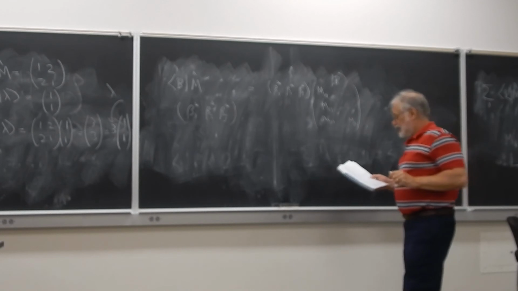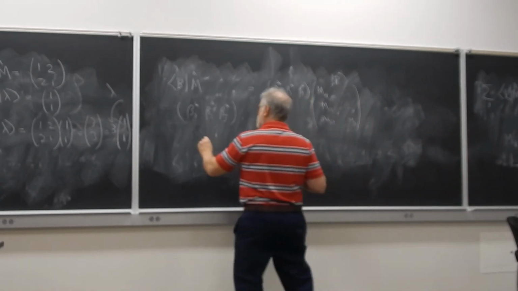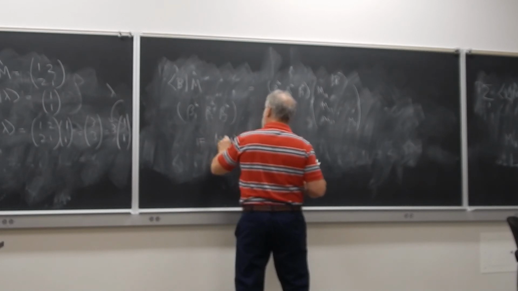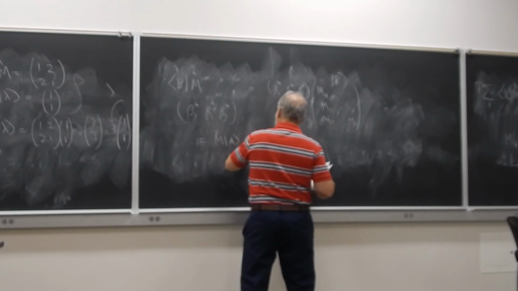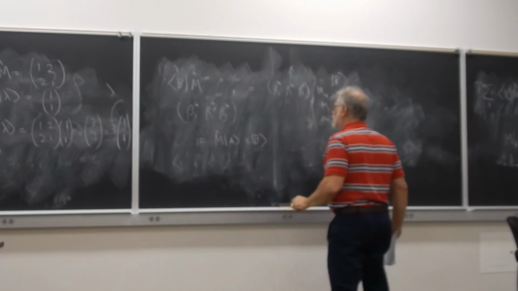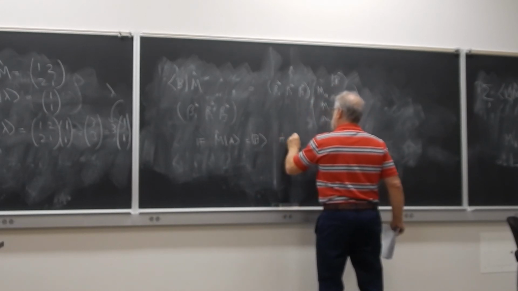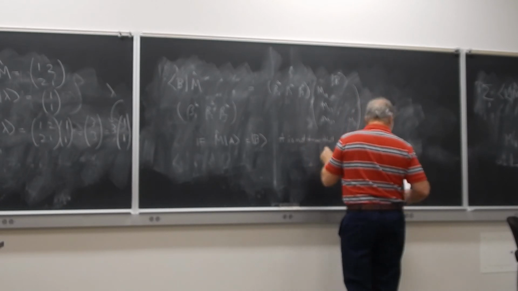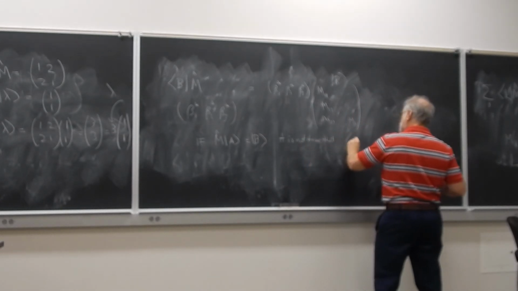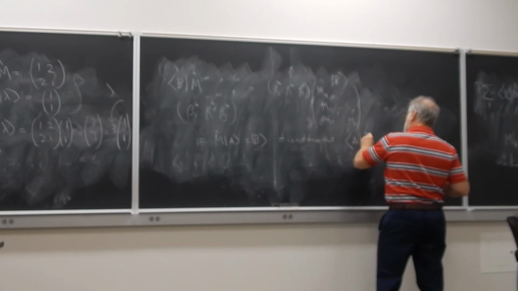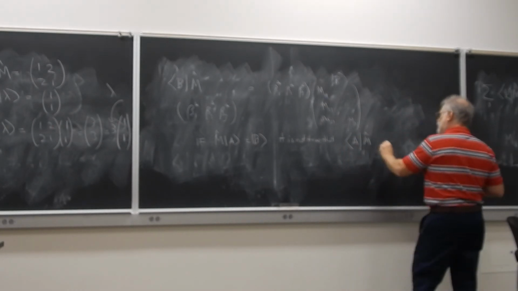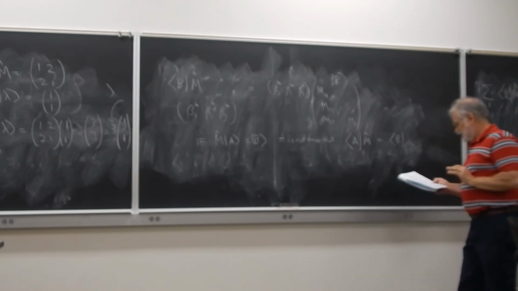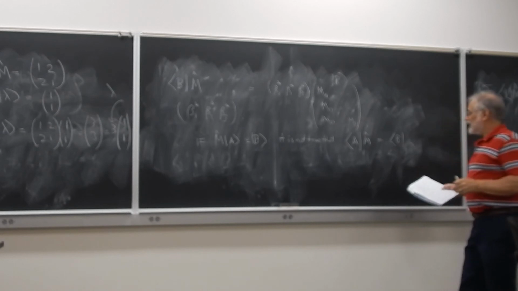Note, if M applied to ket A is equal to ket B, it's not true that if I turn it around, operator M applied to bra A gives me bra B. Not true, because we have to be careful.